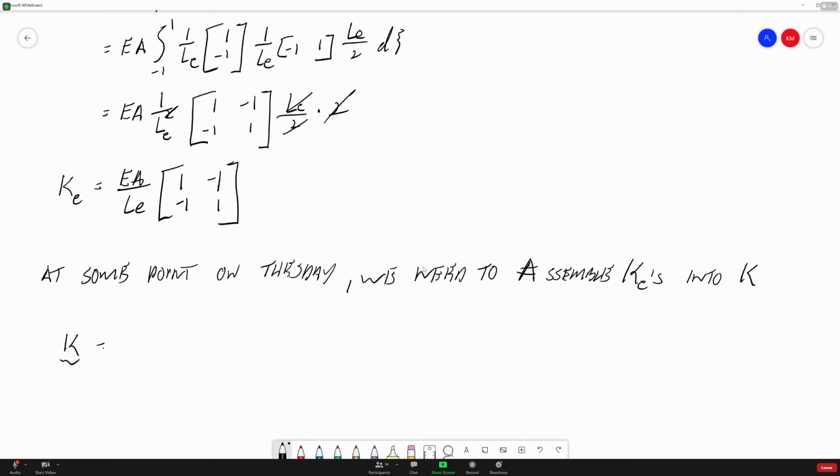So K is equal to this assembly process from E equals 1 to num L of KE.